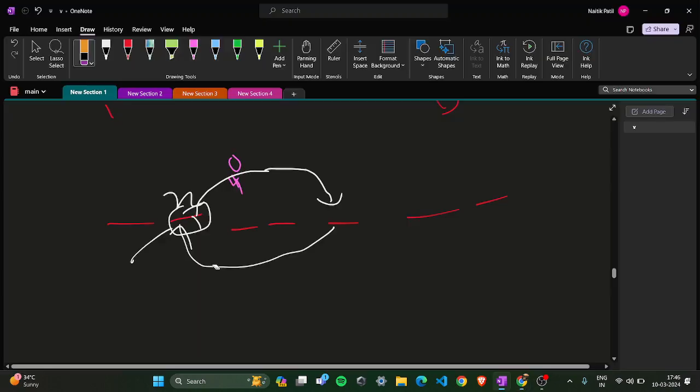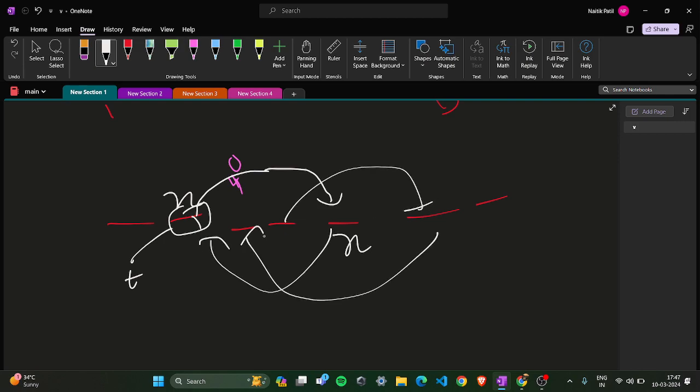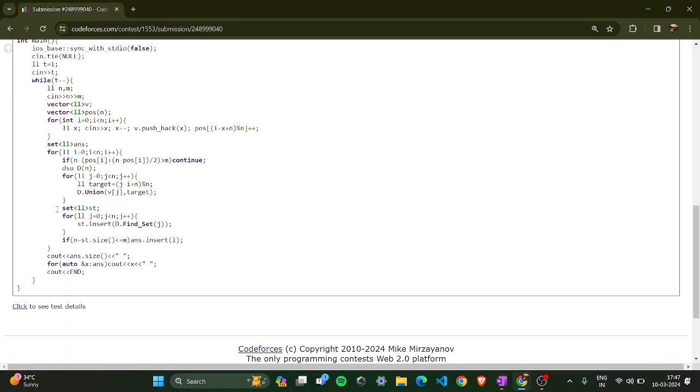So what I'm doing is making an edge from the current index target to the desired index x. This is how I'm making the connected components, something like this. After marking all the connected components, this is just to check the total number of distinct connected components in my array after i number of cyclic shifts.